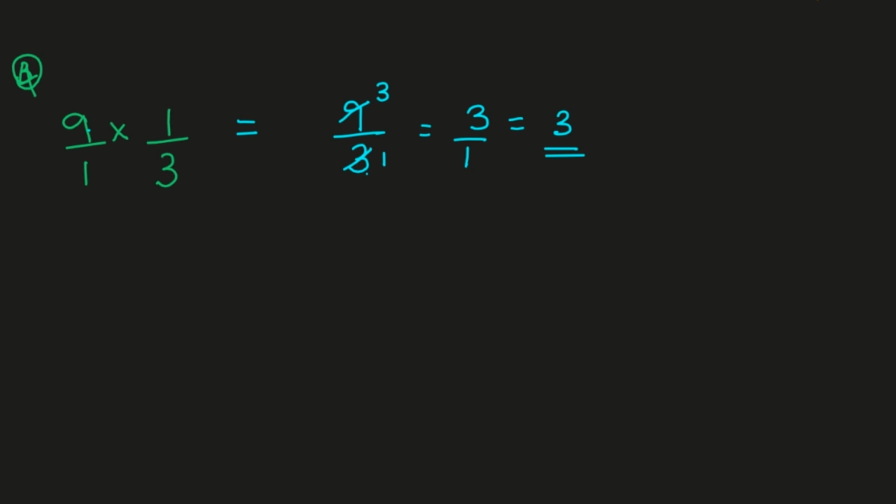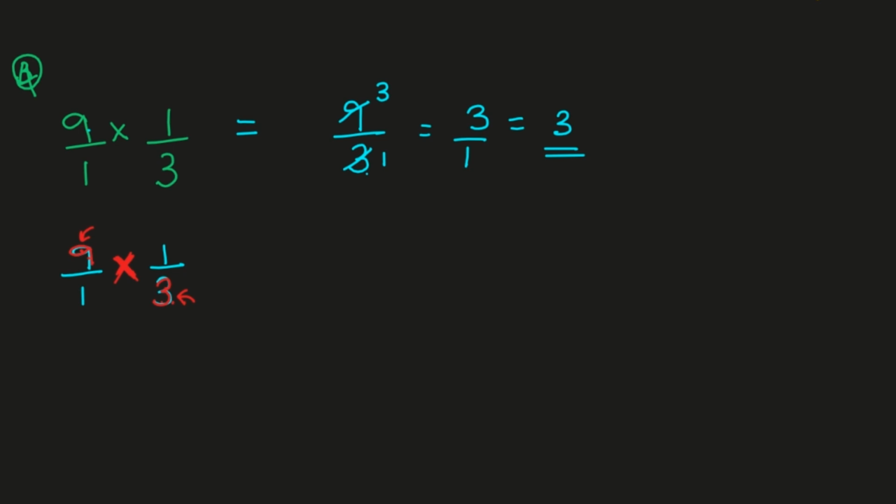Or else you could do the simplification in the question itself. So you know that we can simply divide them. 9 divided by 3 here, because this is the numerator and this is the denominator, and here this is the multiplication. This is not an addition or a subtraction. If it is like that, then you can't do this. But if it is either a division or a multiplication sign, then you can simply cancel this.